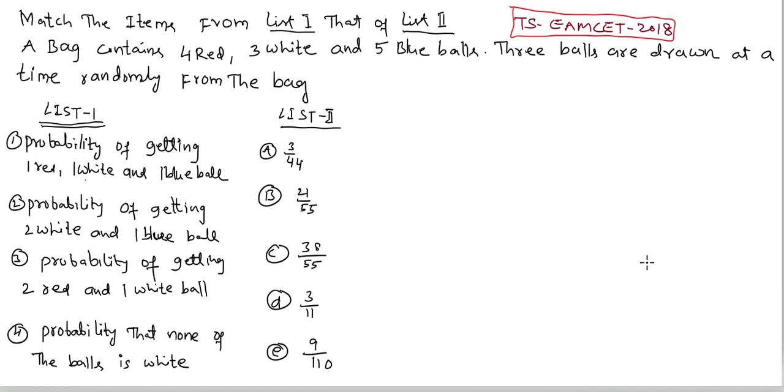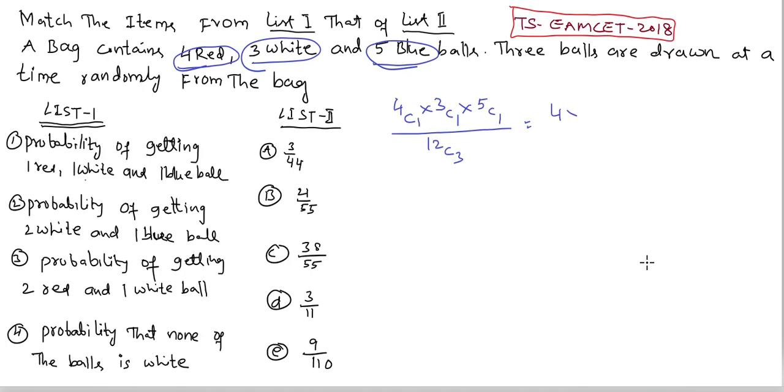Match the items from list 1 to that of list 2. A bag contains 4 red balls and 3 white balls and 5 blue balls. 3 balls are drawn at a time randomly from the bag. First one, probability of getting 1 red, 1 white and 1 blue ball is, that is 1 red ball from 4 red balls, that is 4C1, 1 white ball from 3 white balls, that is 3C1, and 1 blue ball from 5 blue balls, that is 5C1, by total number of balls 12, 12C3.